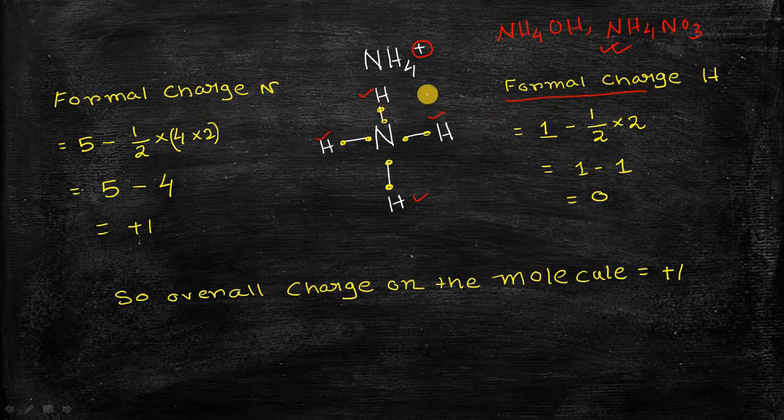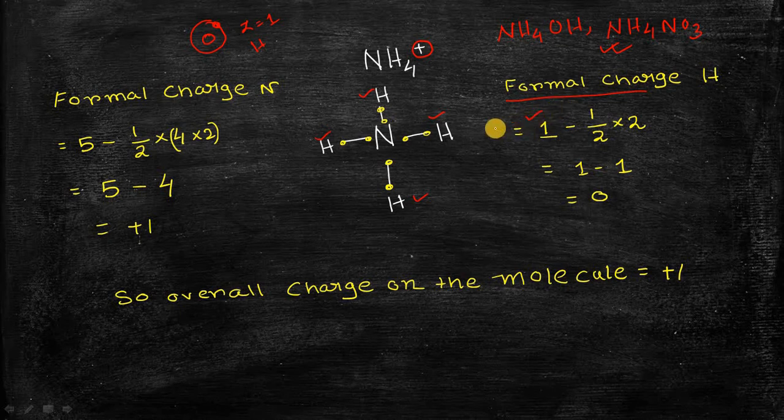For hydrogen the number of valence electrons is always equal to 1, because it is a group 1 element. There is only 1 electron in the orbit, and in the nucleus there is only 1 proton. So Z is equal to 1 for hydrogen. So the number of valence electrons for hydrogen is 1.